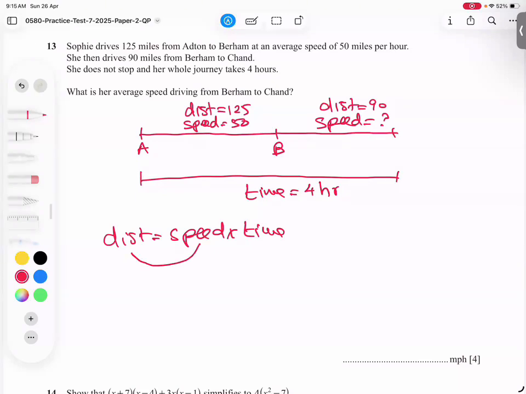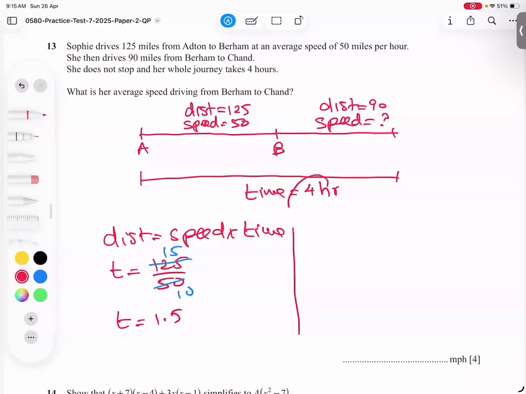So distance is 125 and speed is 50. Table of 5: 5 tens are 50, 5 fives are 25. So no need to divide further. 15 by 10 gives us 1.5. So we're getting time here 1.5.